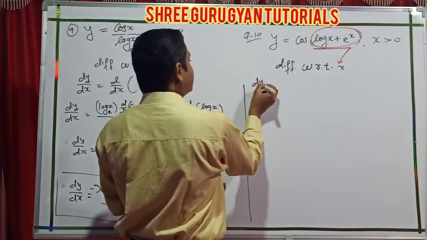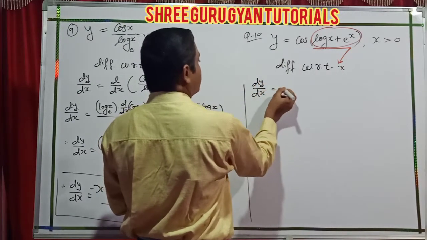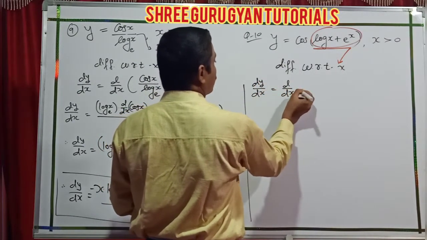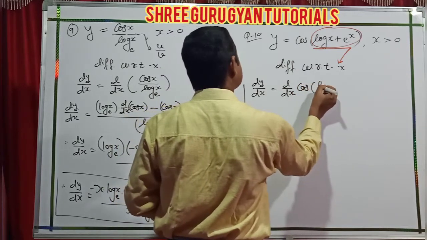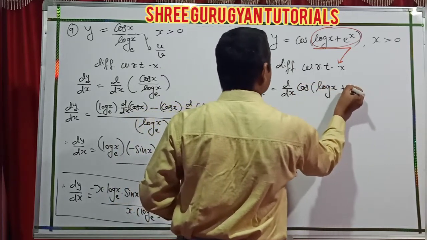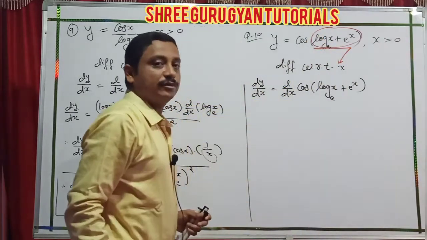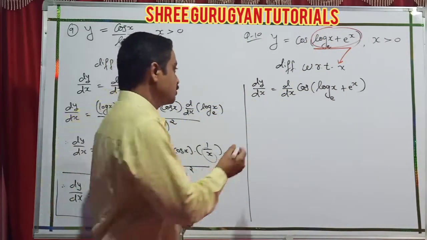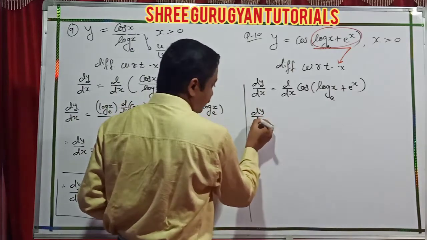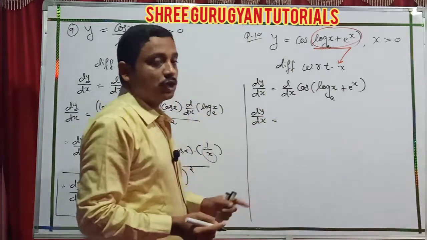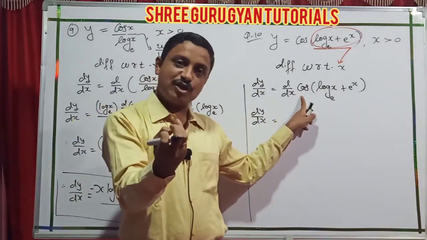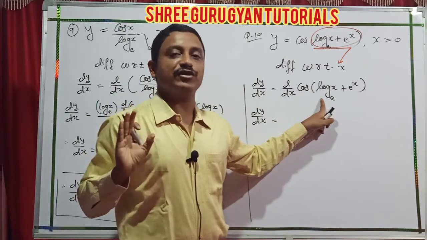What do you get first, dy by dx, d by dx of cos of log x base e plus e raised to x. Base e you must show. First of all, I ask you the cos derivative, then after that the internal function derivative.